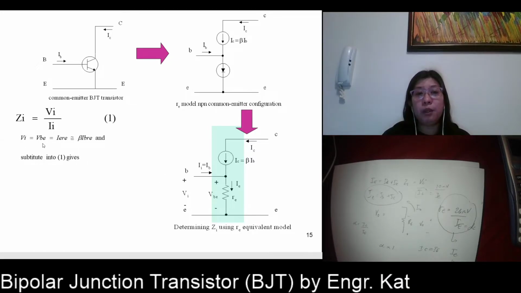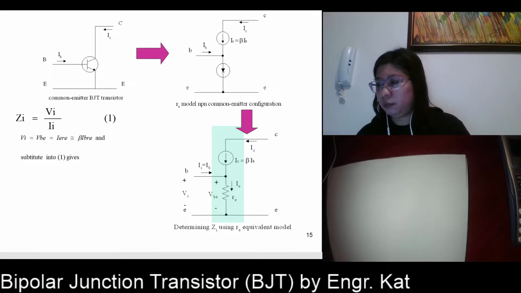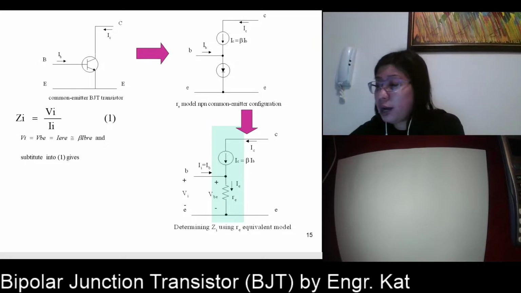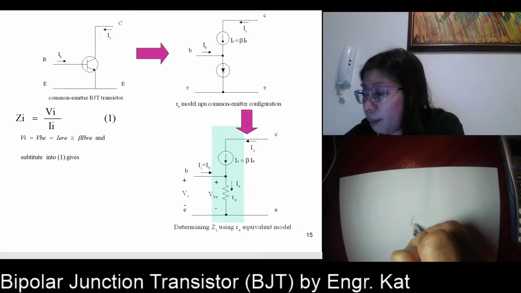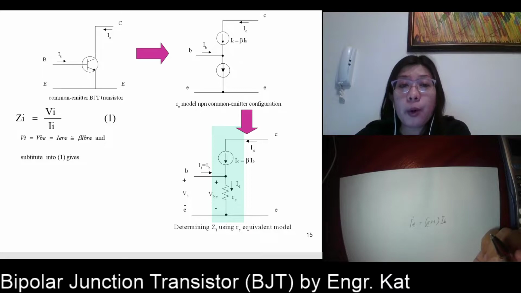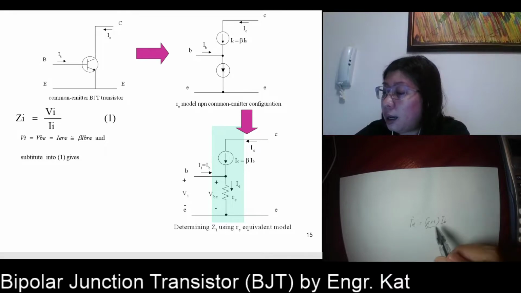Vi is equal to VBE, and that is also equivalent to IE multiplied by re. But what is IE? You can still remember, your IE is beta plus 1 multiplied by IB. However, we can approximately remove the 1 here because beta is much greater than 1.